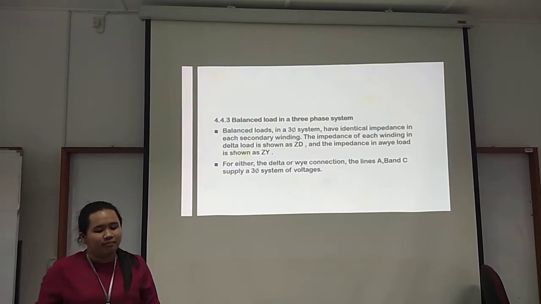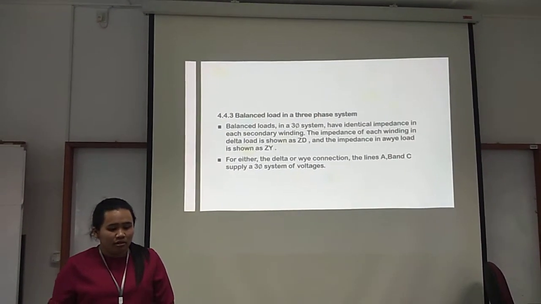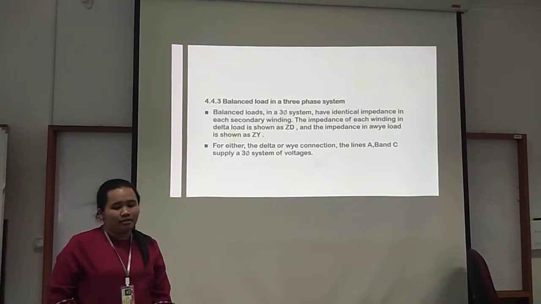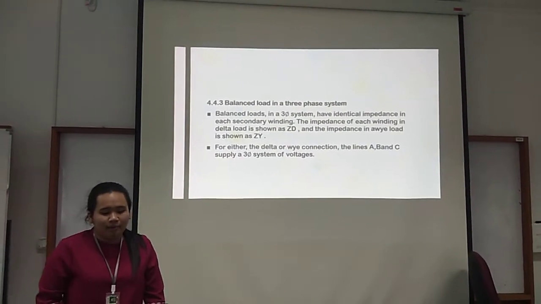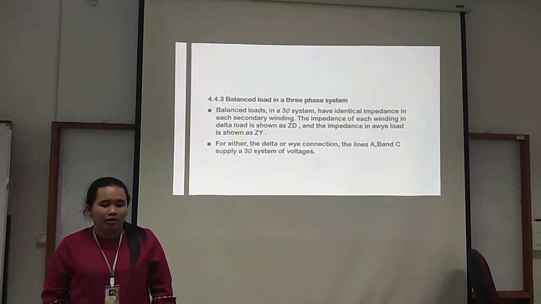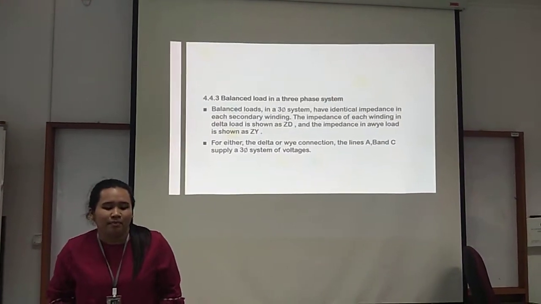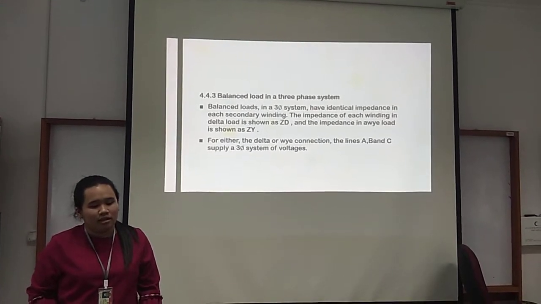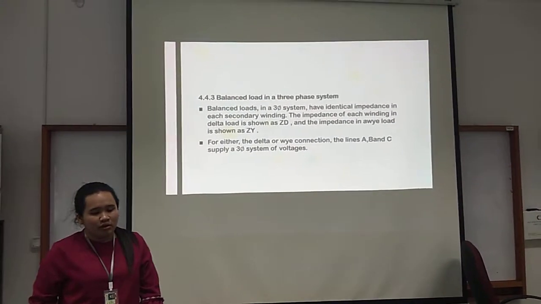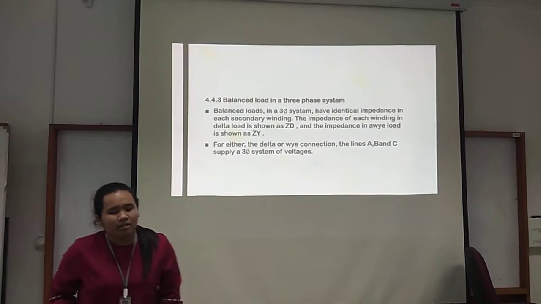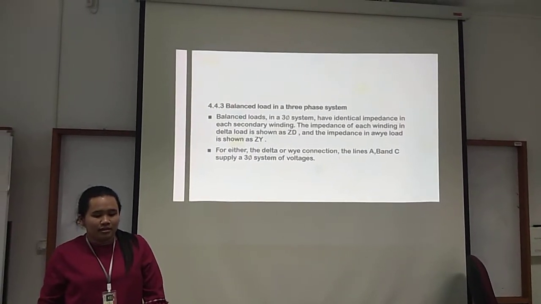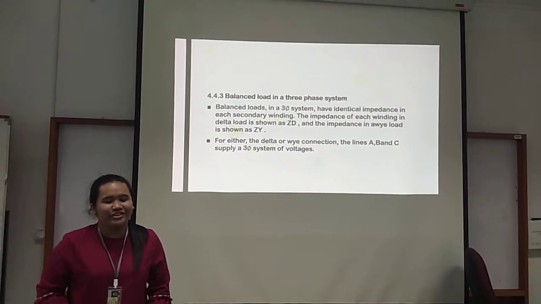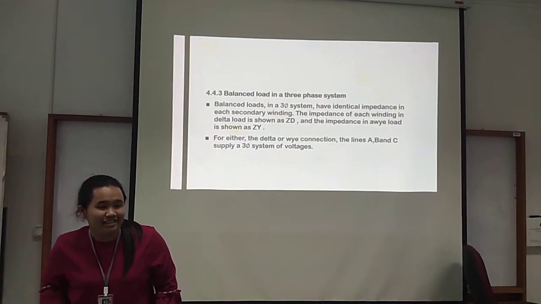Balanced load in a three-phase system. A balanced load in a three-phase system has identical impedance in each secondary winding. The impedance of each winding in the delta load is shown as ZD, and the impedance in the Y load is shown as ZY.